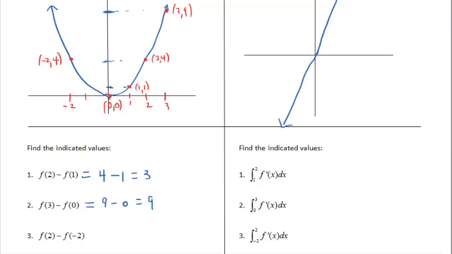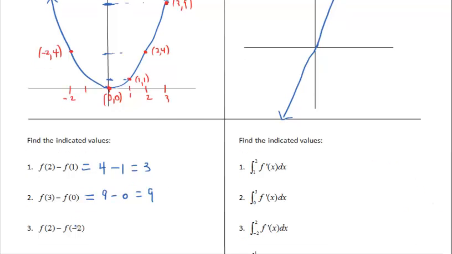The difference is 9, very obvious. Next, f of 2 is 4. I subtract the y value at negative 2, which is also 4. So the difference in those two y values is 0. There's no change from this y value to this one.